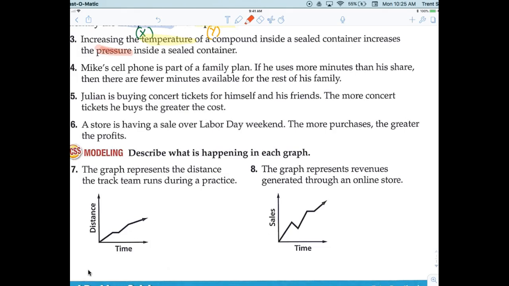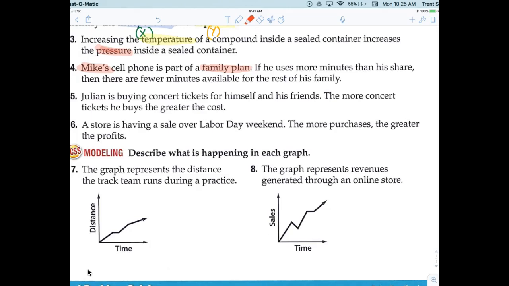Just tell me what 2 things are we talking about? The family plan? But whose minutes though? Whose minutes are we talking about? His minutes. And his is who? Mike. Perfect. So those are the 2 things I'd like for you to talk about. Mike's minutes and the family plan.